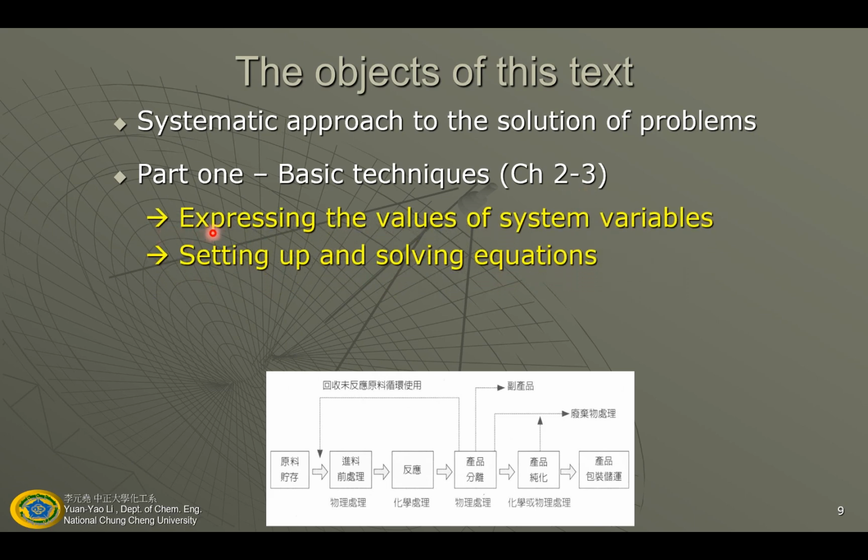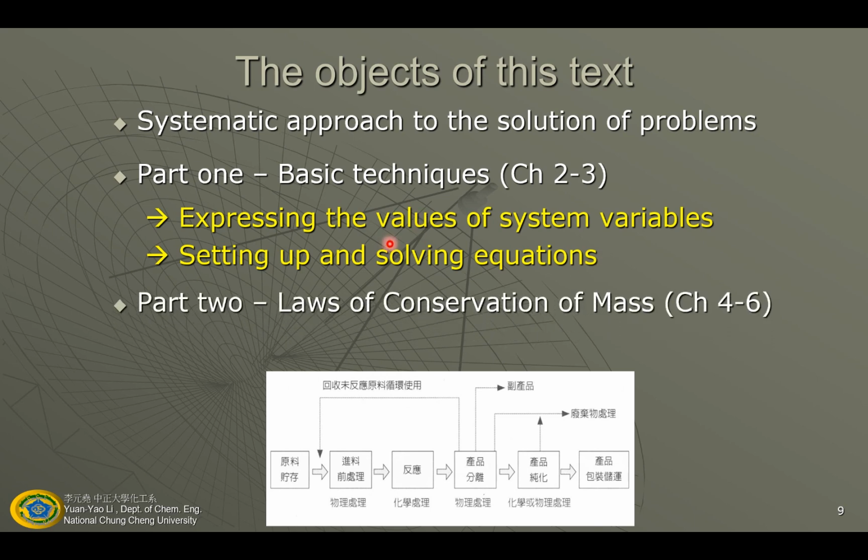We need to express the values of the system variables, like pressure, temperature, and size, and then set up and solve the equations. This is the basic technique you need to learn as a chemical engineer.